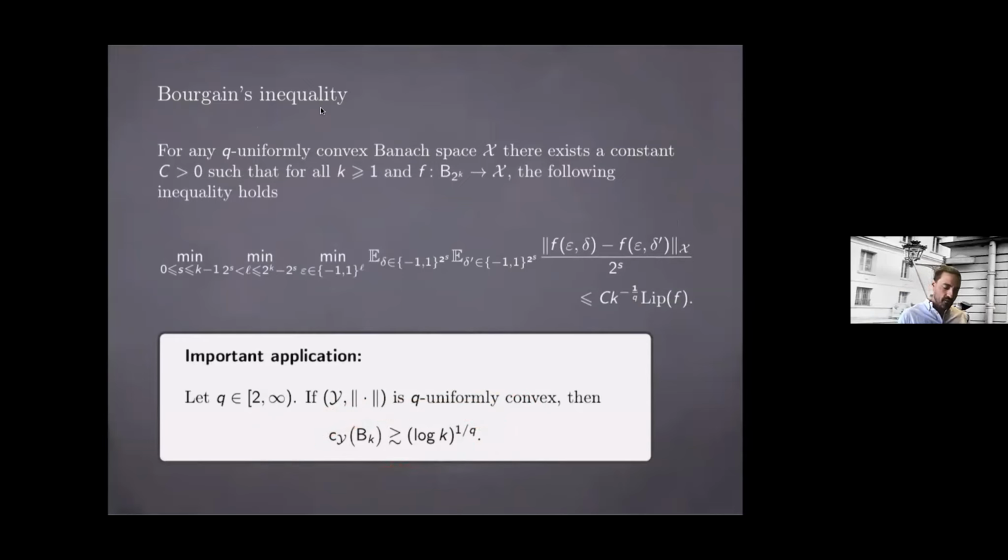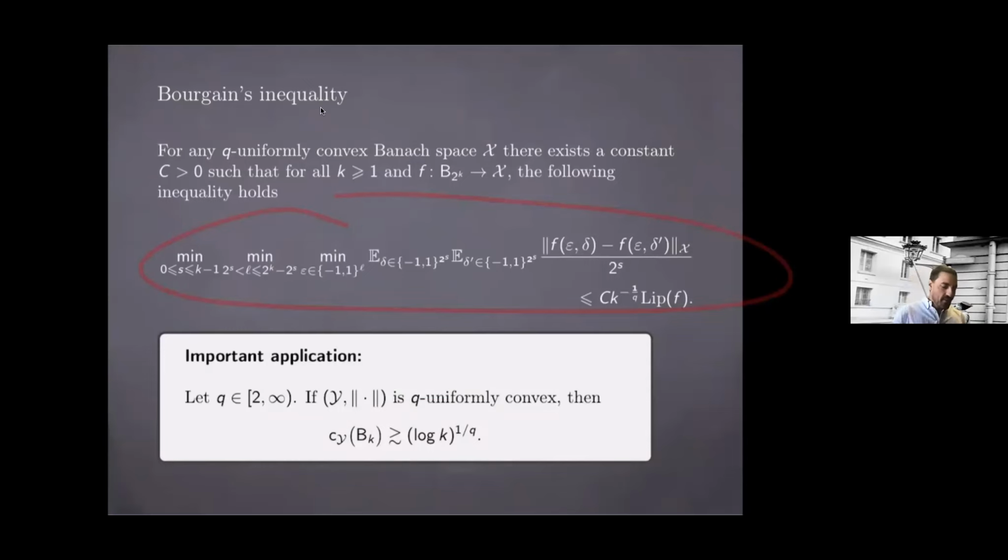So the problem is not to prove this. The problem is to show that the inequality is actually satisfied for some spaces. And what Bourgain did is show that this inequality is valid when the Banach space is Q uniformly convex. The way he did that, he used the fact that Q uniformly convex Banach spaces have martingale cotype Q, which is a notion that was introduced by Gilles Pisier in his renorming theorem.